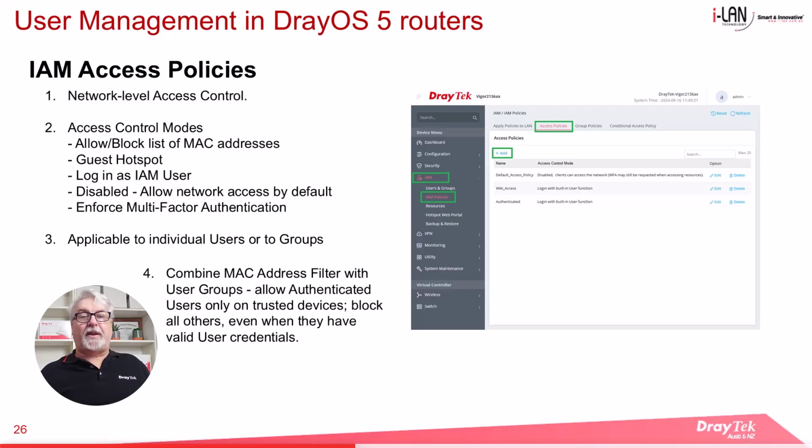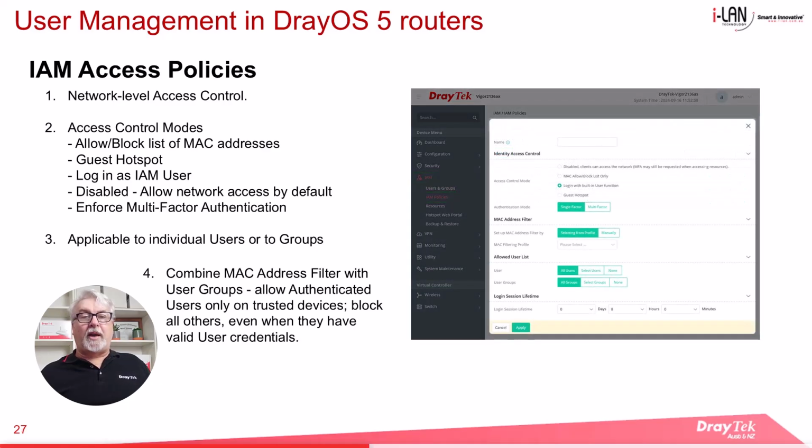IAM access policies enhance security by applying it directly to the network itself. You can use traditional MAC address-based security options, but you can also require a valid IAM user login and optionally enforce multi-factor authentication for that login before network access is granted. These policies can be applied to individual users or to groups of users at a time.